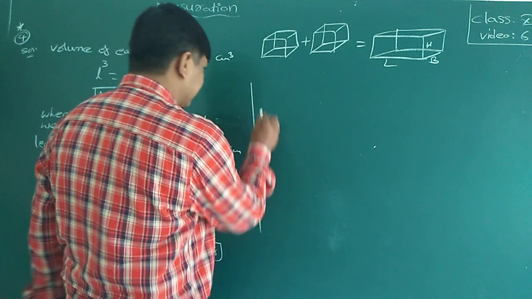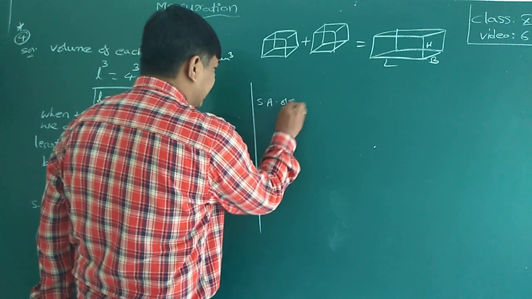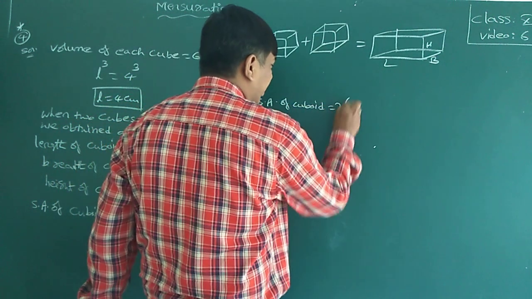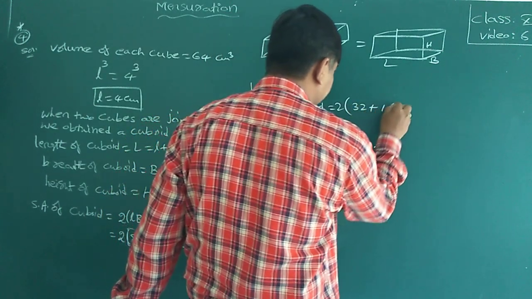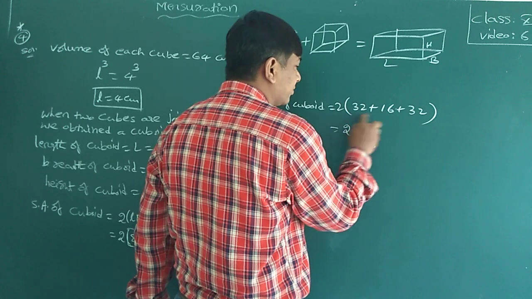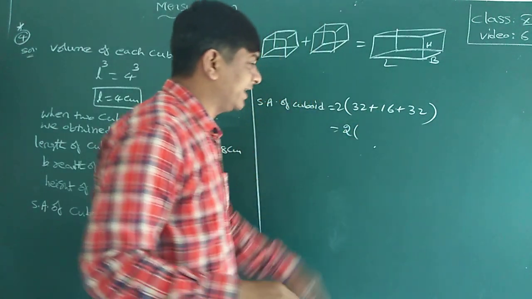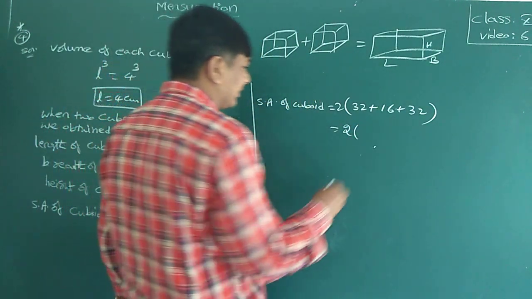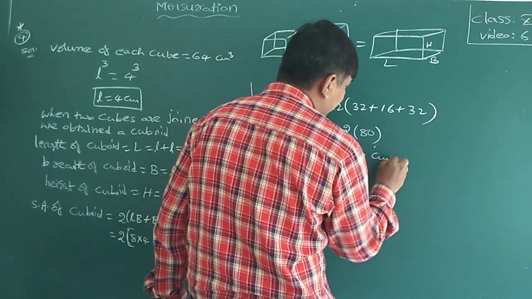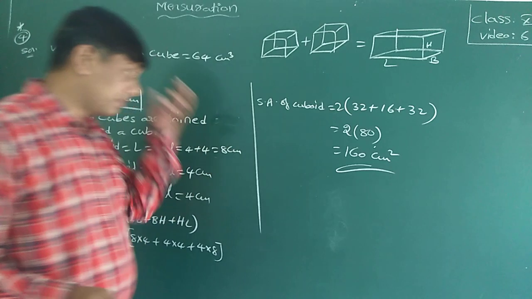That is 2 into (32 plus 16 plus 32), which is equal to 2 into 80, that is equal to 160 centimeters square.